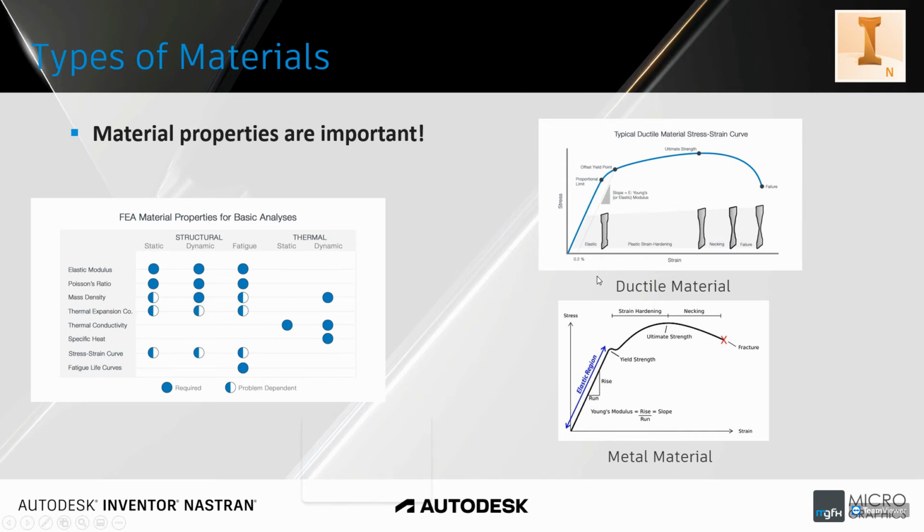Right? So remember that the graph is going to be different for a ductile material as it is for a metal material, or something that is similar to a ferrous metal, like anything containing iron, or something like aluminum. Right? And you can see the distinct difference in the shape of the graph.